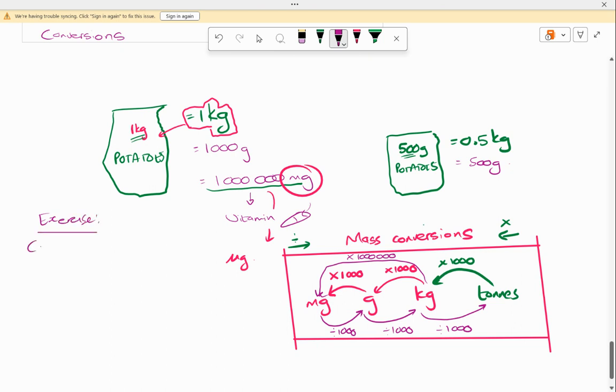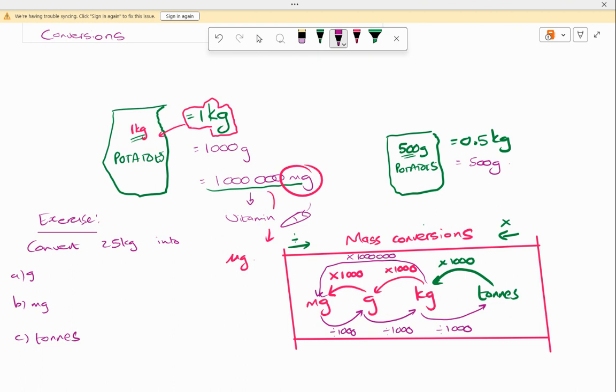All right, so we want to convert the following. Convert 25 kilograms into grams, milligrams, and tons.